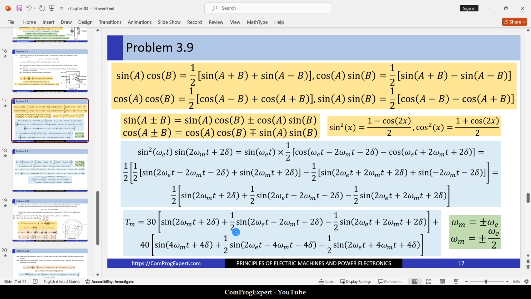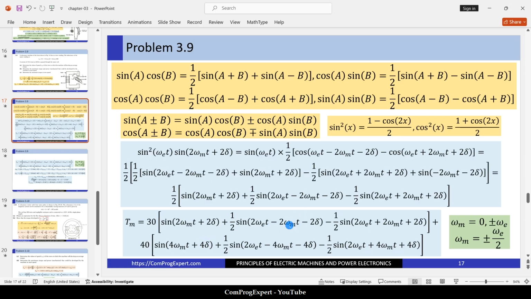Yes, in the first case, we can assume omega m equal to 0, right? 0 speed. Let me write this here, 0. When the value of omega m is 0, this is sine of 2 times delta. And this is sine of 4 times delta.